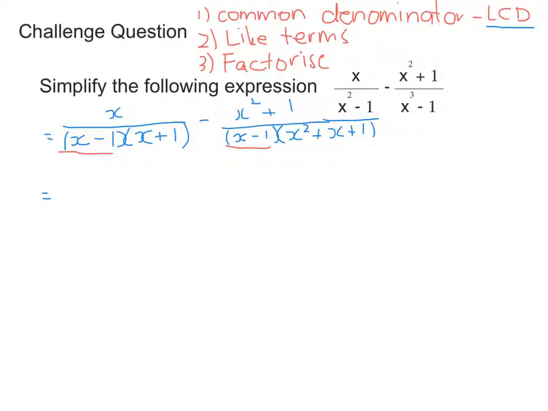It will be a part of our new denominator, but it's not necessary to include it in the numerators of either fraction, as both fractions already contain the expression. We also need to include this x plus 1 term, but the second fraction is missing it, and so we need to make sure that we multiply the numerator of the second fraction by that x plus 1 term to keep it balanced.